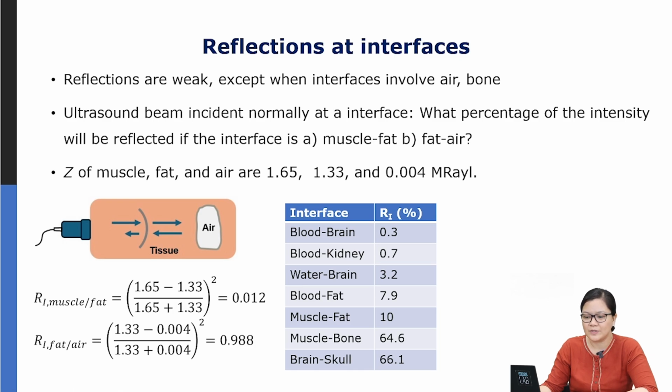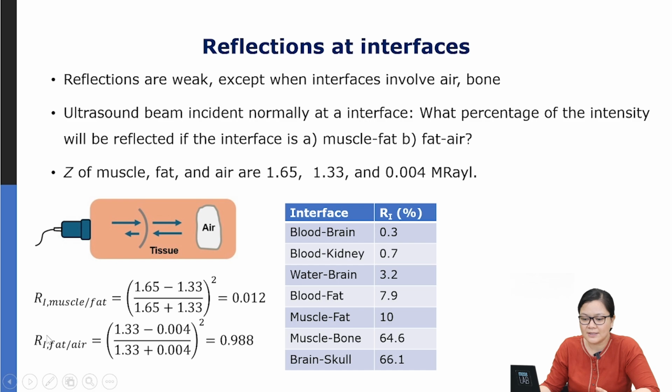We just plug in our values to that expression, and we see here that the reflection intensity coefficient between the muscle-fat interface right here would be about 0.012, meaning that this is the fraction of the wave intensity that is being reflected back at that interface.